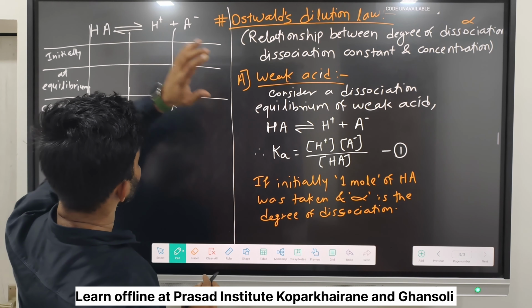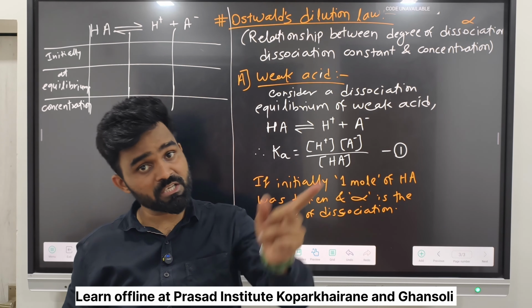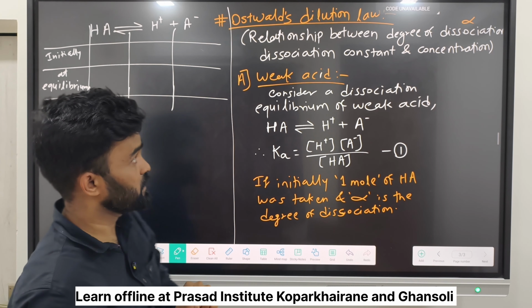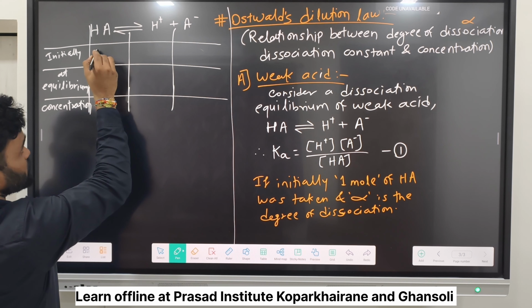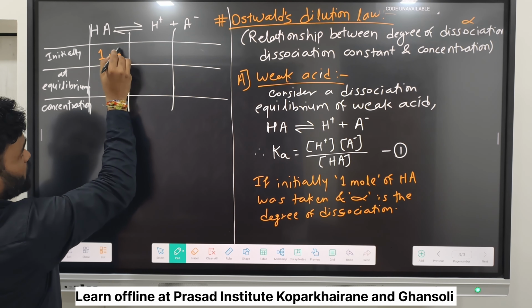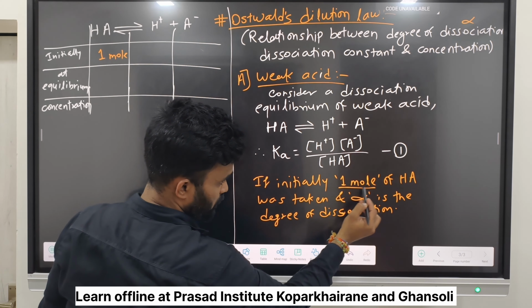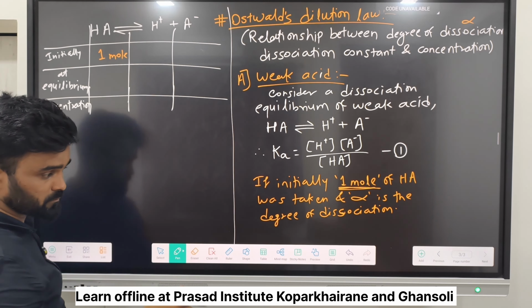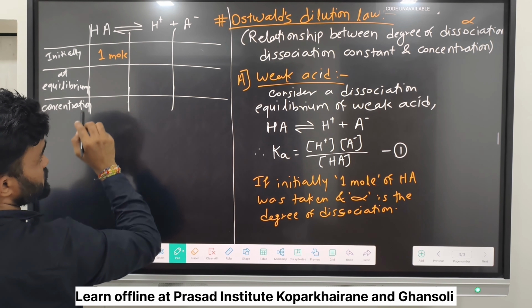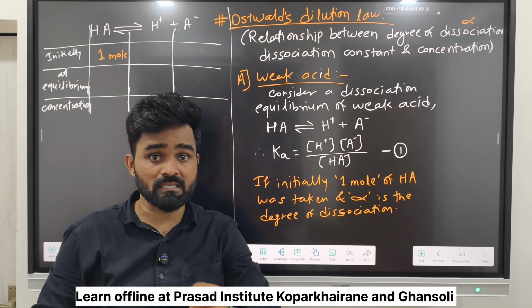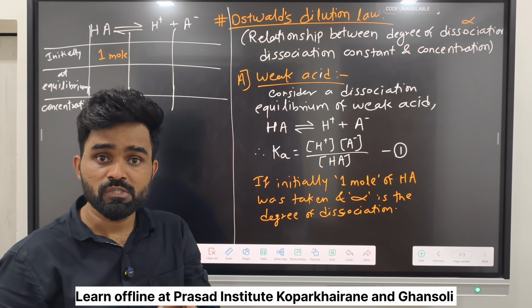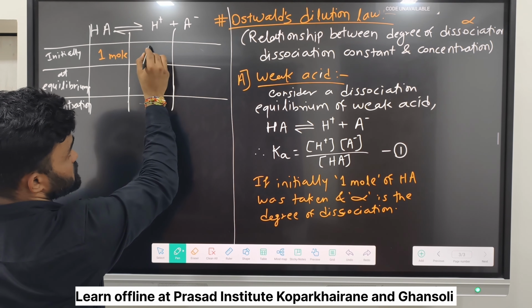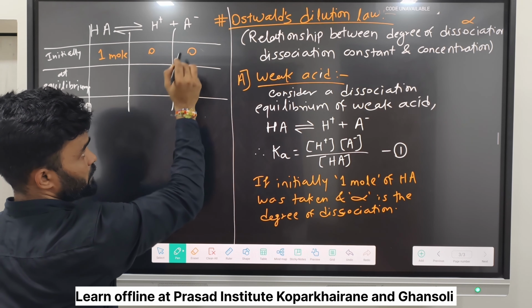Okay, now as we know, initially we have taken 1 mole of HA, so I am writing 1 mole initially. 1 mole, बरोबर ना, 1 mole, करेक्ट आहे. आउट ऑफ विच इनिशियली अजूनपर्यंत आयनायझेशन स्टार्ट झालंच नाहीये. सो ॲट द बिगिनिंग ऑफ आयनायझेशन देर विल बी 0 moles of H plus and there will be 0 moles of A minus.